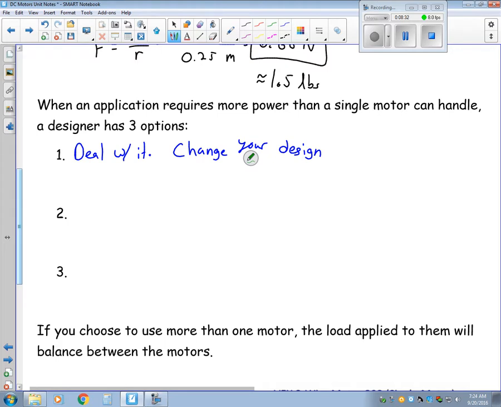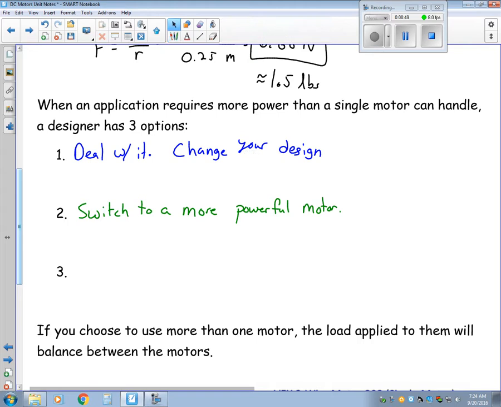Your second option, switch to a more powerful motor. We don't really have that option available to us. I do have some gearing where we can go between a high-speed and a low-speed version of our DC motors, but it's something we can take a look at.